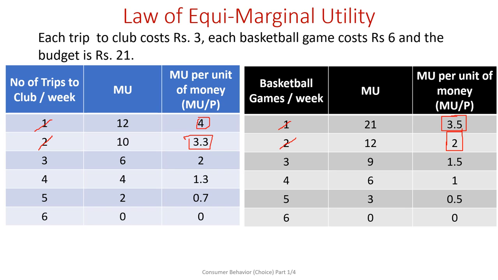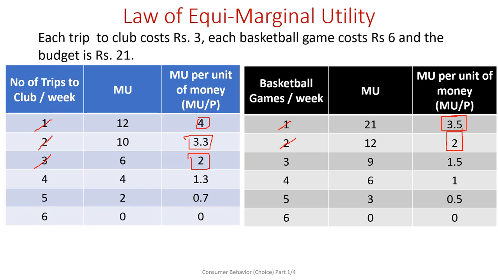Let's assume he can go, but if he does, then he will get a utility of 1.5, which is less than 2. So given the budget and also given the utility, the consumer should prefer going to the club, and he will spend his last 3 rupees and get a marginal utility per unit of money equal to 2 utils.